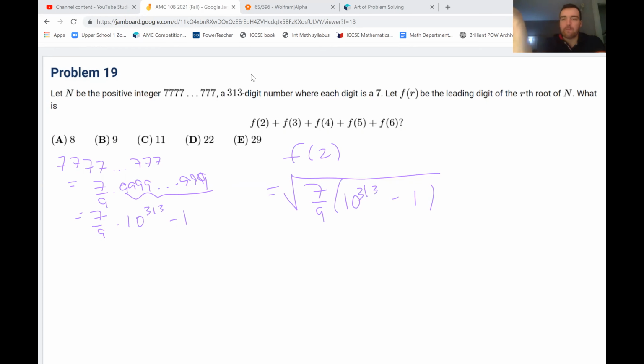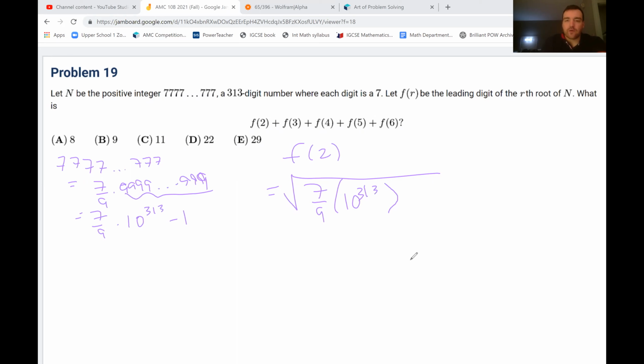So the minus 1 just brings you a little below the 10 to the 313 value, so for intents and purposes we can ignore the minus 1, because it won't have any effect on the leading digit. Sorry if that doesn't make sense. It's really hard to explain.